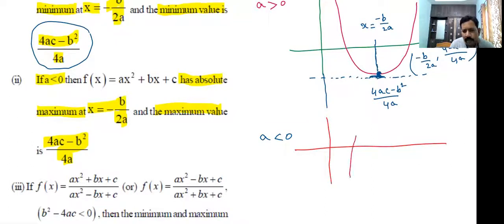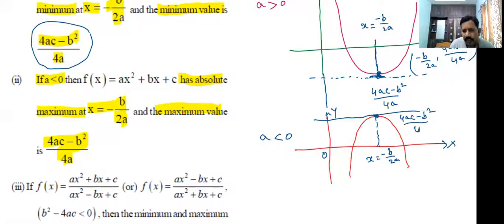Suppose I am drawing the curve like this. Now this is the maximum. A less than 0 means this is the maximum. Here this is the x-axis, y-axis, origin. This is x equal to minus b by 2a, and this point's y value is 4ac minus b square by 4a.